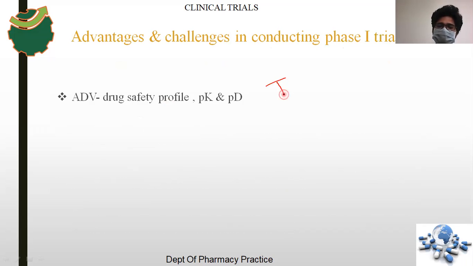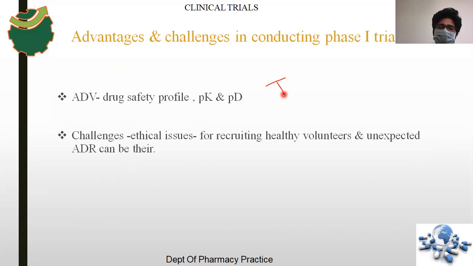And the disadvantages are ethical challenges, and it's not that easy to get approval for doing phase one clinical trials because of ethical issues with involving healthy people, because we don't get many people in clinical trials, right? And certain unexpected events happen.